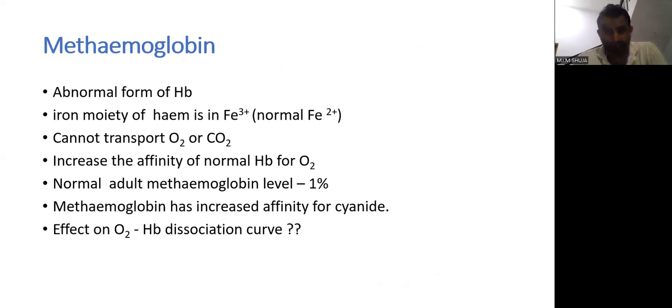And your homework is you have to search and find the effect on the oxygen hemoglobin dissociation curve when there is an increased methemoglobin level. Okay. Usually 1% of methemoglobin is normal and methemoglobin has increased affinity for cyanide. So just search and find out and try to draw this curve. You will get more understanding.